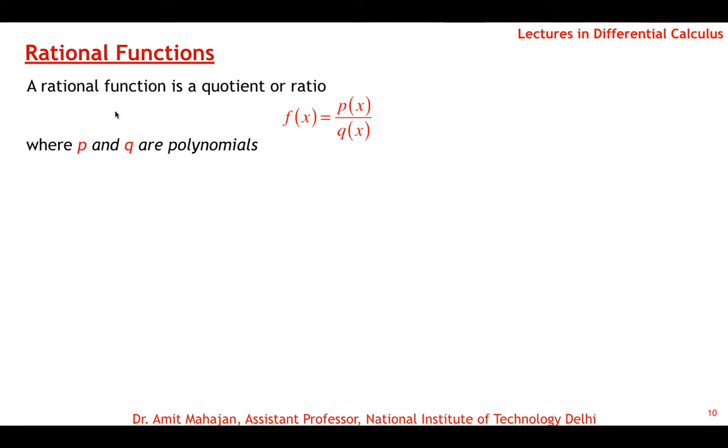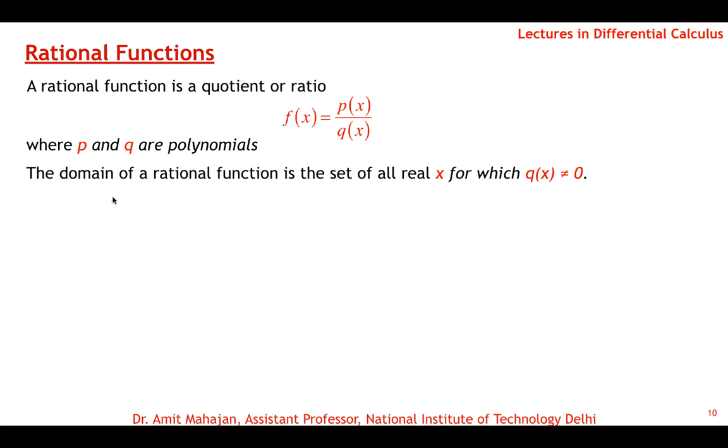Okay, the next are the rational functions. A rational function is a quotient or ratio of this form: f(x) is written as p(x) by q(x), where p and q are both polynomials. The domain of a rational function is the set of all real x for which the denominator is non-zero. The denominator is q(x), so q(x) is non-zero.